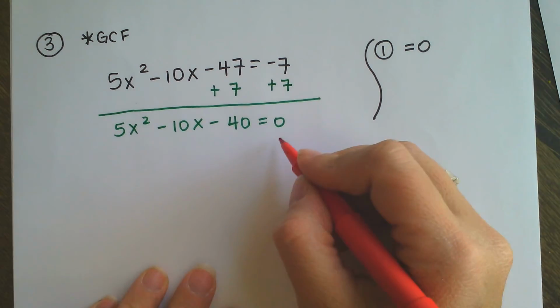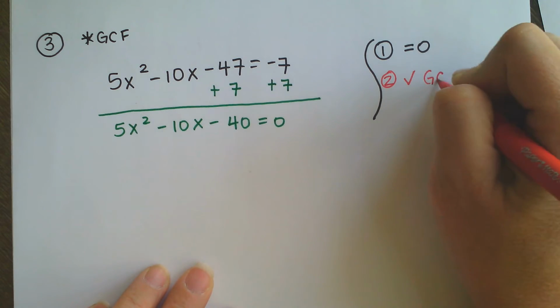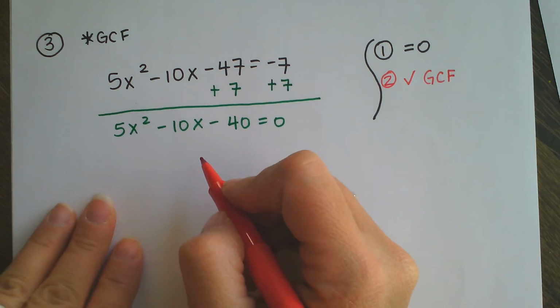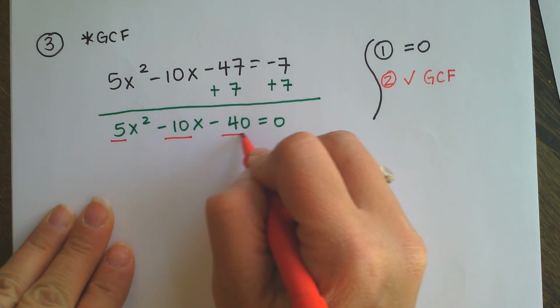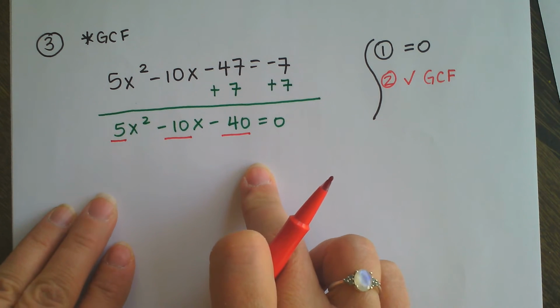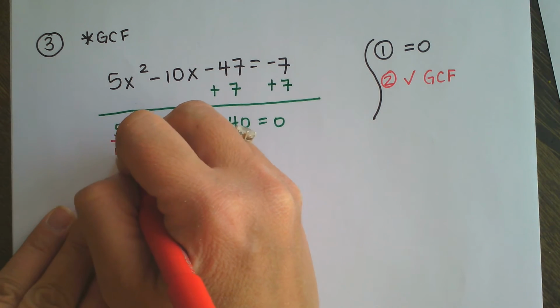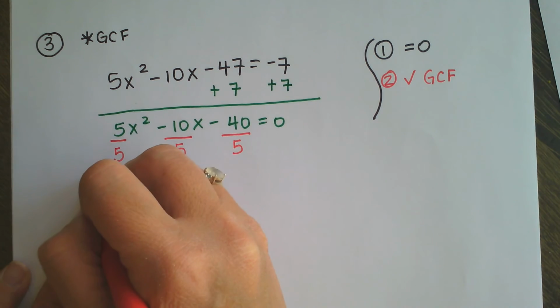All right, so now that it's set equal to 0, I'm going to check for that GCF. So I kind of gave you a heads up that we are going to have one. So I see 5, 10, and 40. And 5, 10, and 40 can all be divided by 5. So we're going to divide out that greatest common factor.